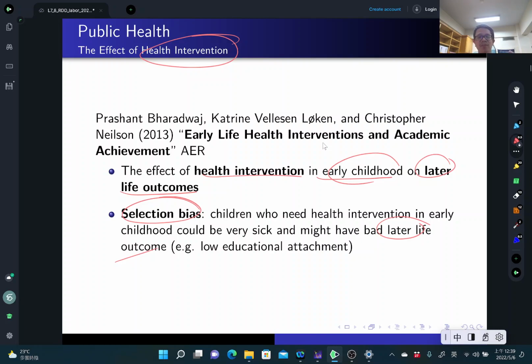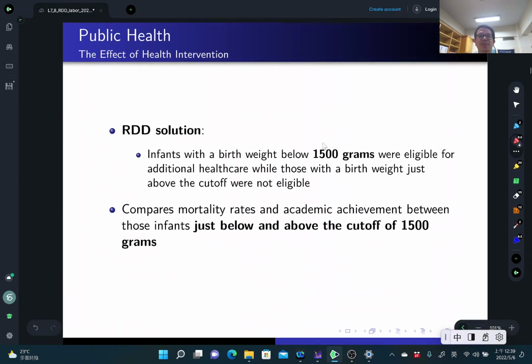So that basically means those who receive more health care are not comparable with those who do not need health care. So we need to eliminate this selection bias. So we need to compare the people who receive more, not just because of their health status.